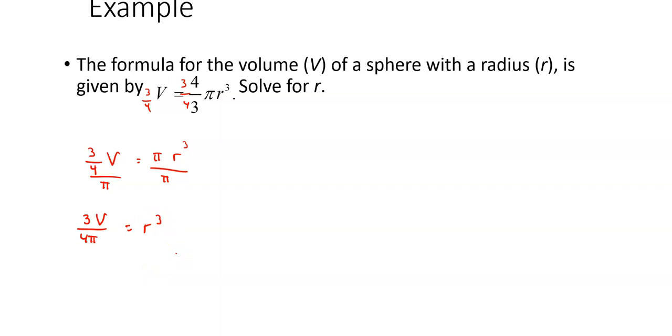Now, the question said solve for r. So if I have this equal to r cubed, take the cube root of both sides. So cube root of this side, cube root of that side. And so here I get the cube root of 3V over 4 pi. And on the other side, the cube root of r cubed is just r.